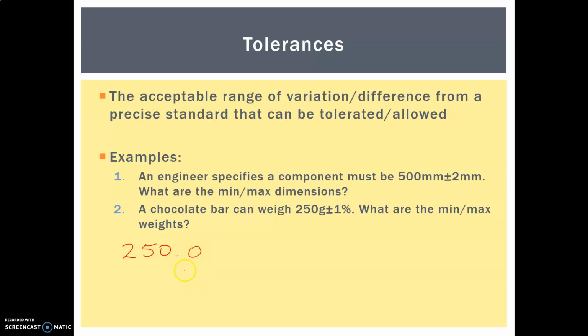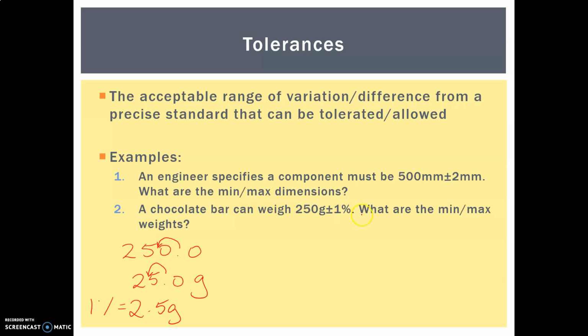There's our point, so we're going to take it back 1, aren't we? So that makes it 25 grams. So 25 grams is 10%. So if we did it again, because we want 1%, then we go back another one. That makes it 2.5 grams. Okay, so this is 1%.